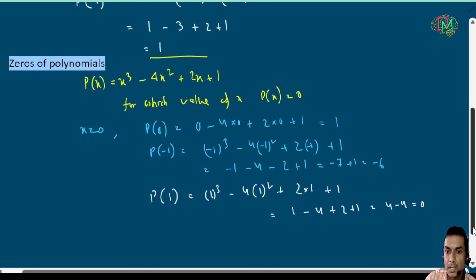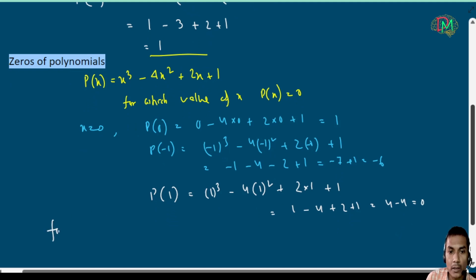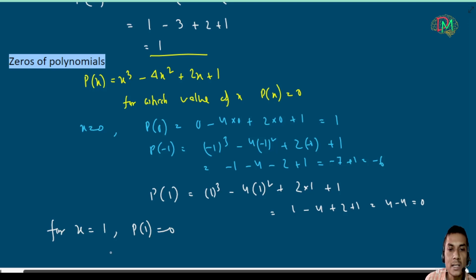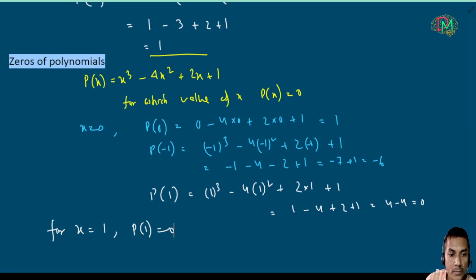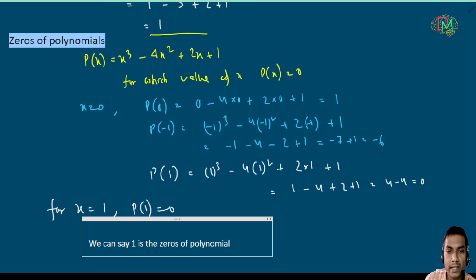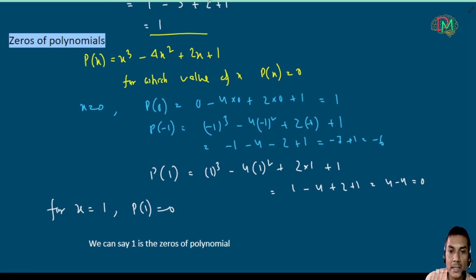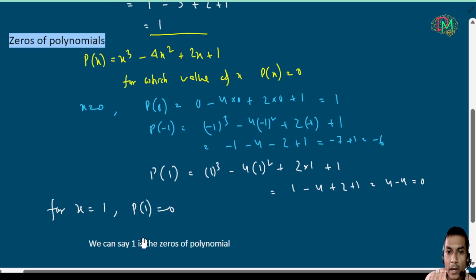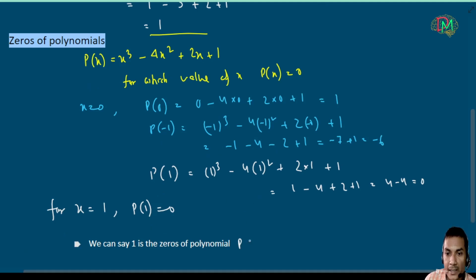So it is very clear that for x equal to 1, p(1) is equal to 0. So 1 is the zero of the polynomial p(x). Clear?